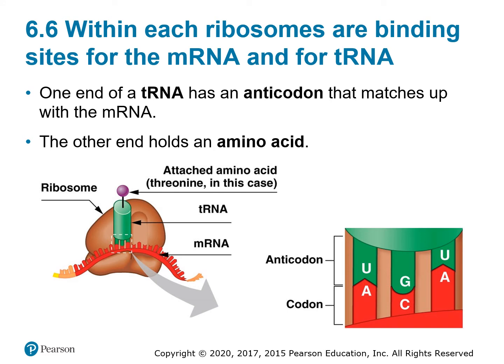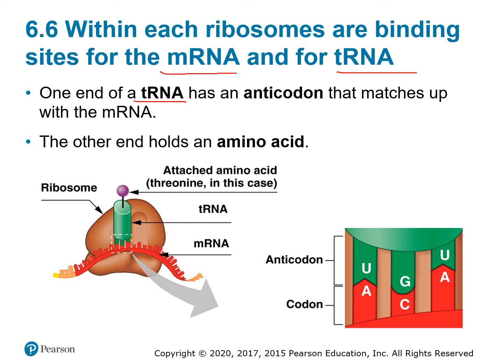Within each ribosome, there are binding sites for both the mRNA and the tRNA. A couple things about the tRNA are important. The job of the tRNA is to carry the proper amino acid to the ribosome.